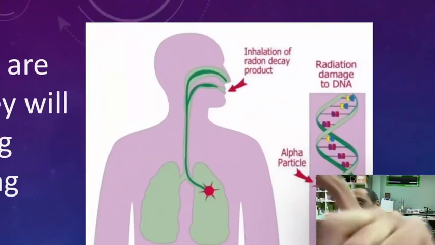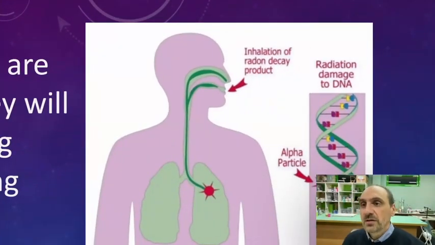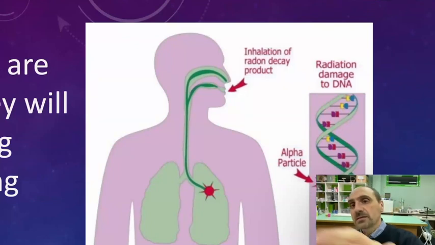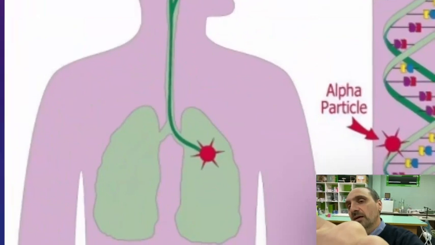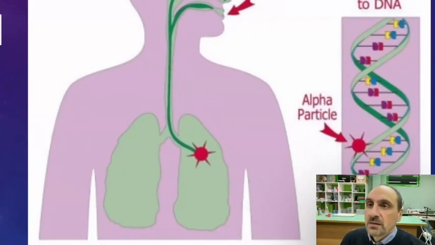As radon gas is mixed with air, we usually breathe radon. And once the radon decays in our lung, the radon daughters will emit some particle, essentially alpha particle.